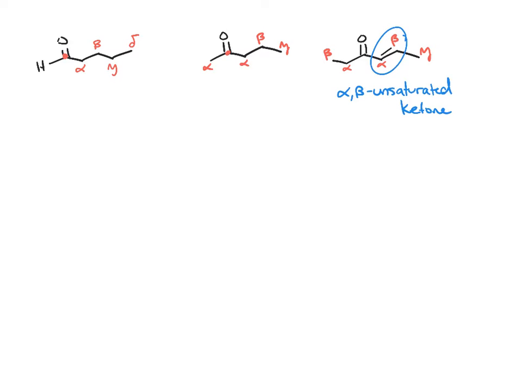If you have a hydrogen over here, it would be an alpha-beta unsaturated aldehyde. You could have an alpha-beta unsaturated ester, different things. So far there's really only one reaction we've talked about that takes advantage of this alpha-beta unsaturation, and that is addition of cuprates.